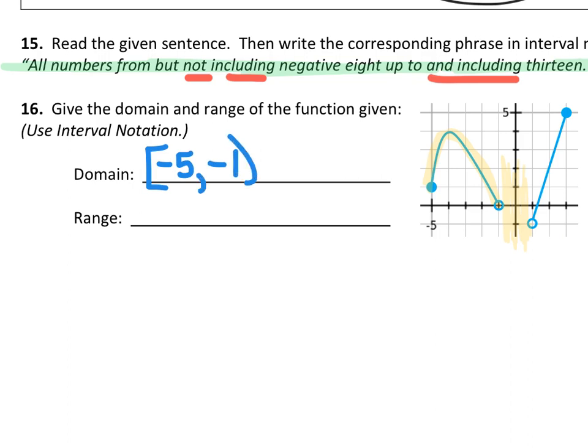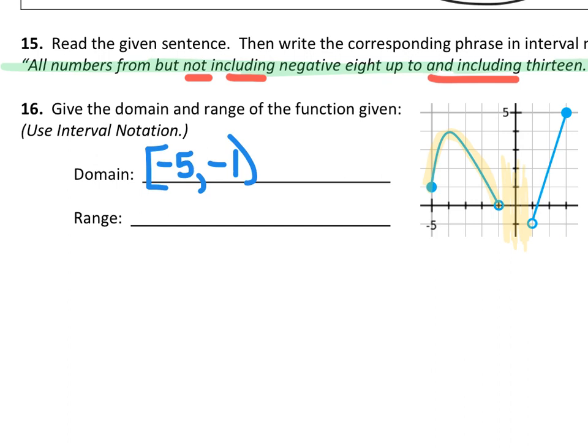The -5 has a square bracket because -5 is an x value that's included in the graph. The -1 has round parentheses because x equals -1 has a round or an open circle, meaning that -1 is not included in the graph.